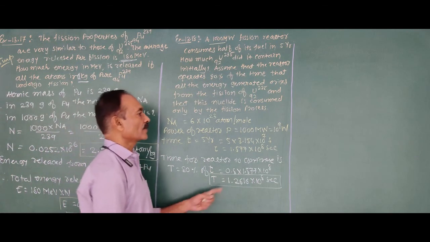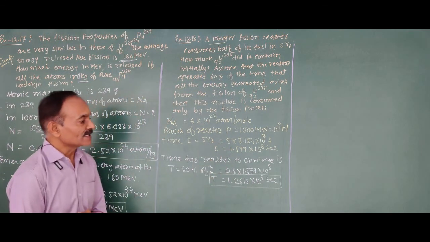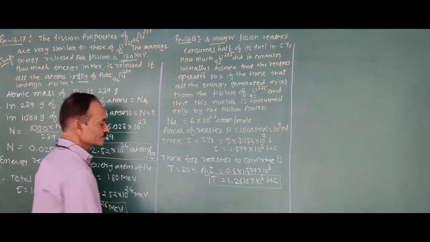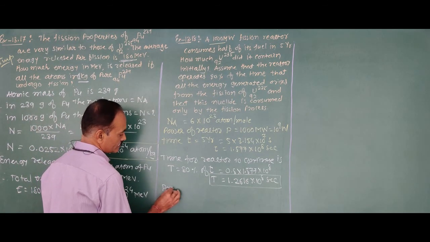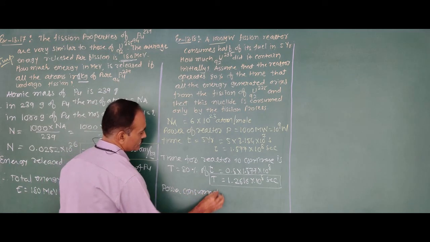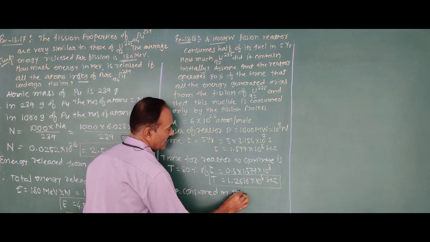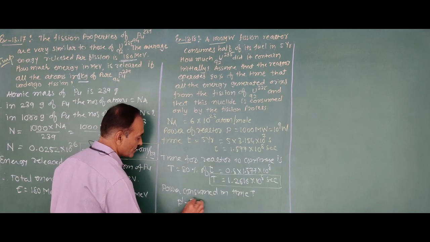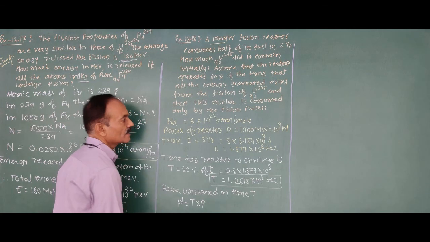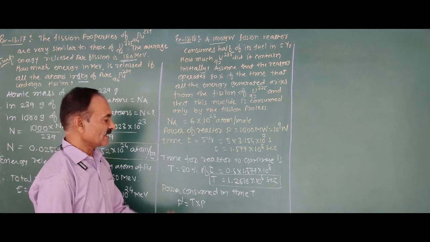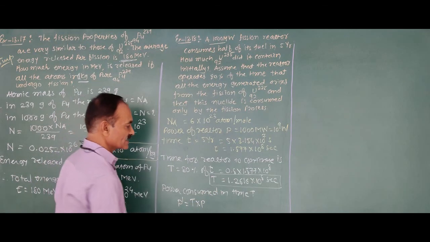Now, how much energy is consumed in this time? In time capital T, it is P into T, where P is the power per second and the total time is that many seconds.